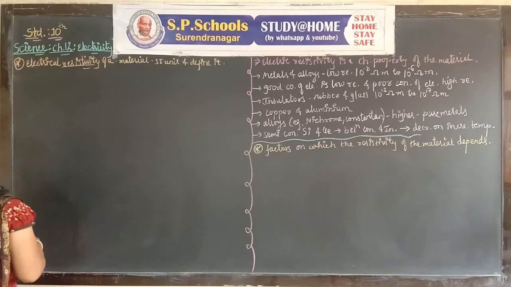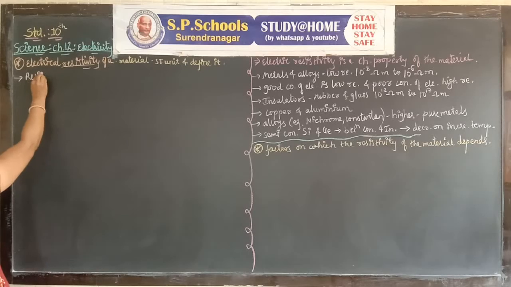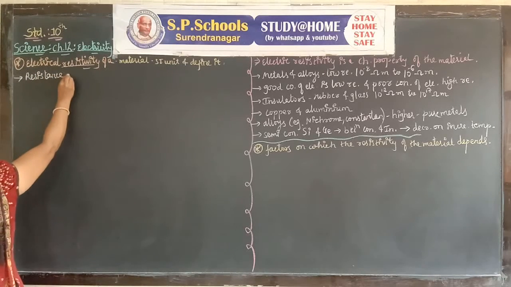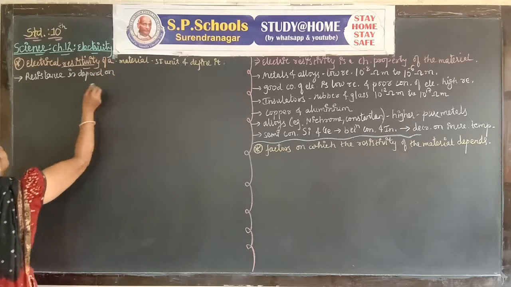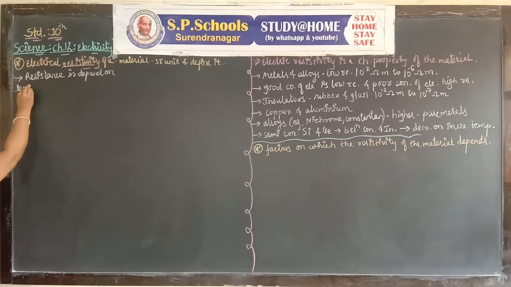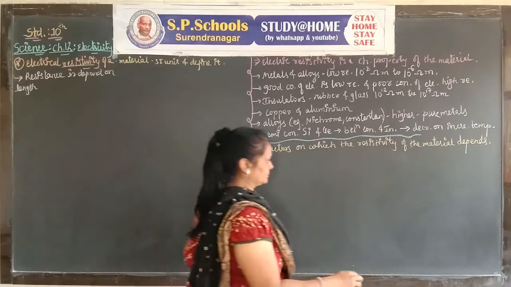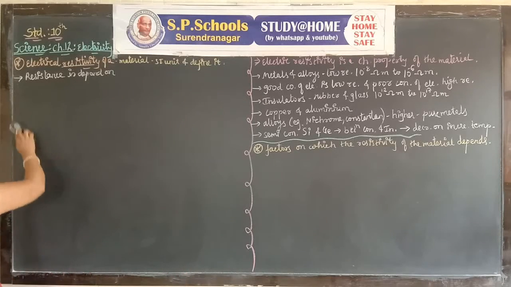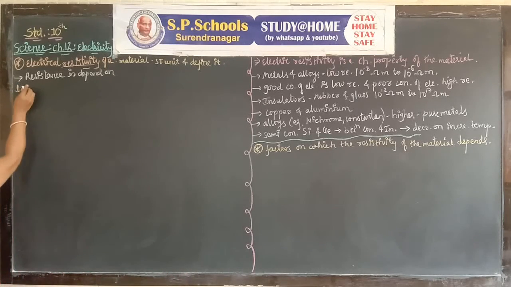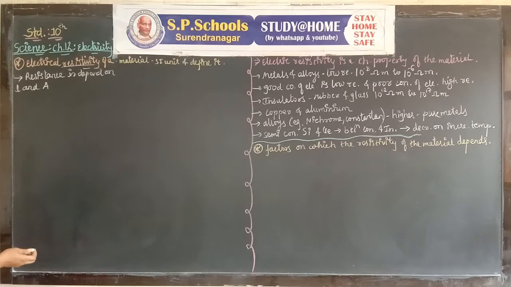As per our theory, we already know the resistance of a conductor depends on its length, small l, and area of cross section.